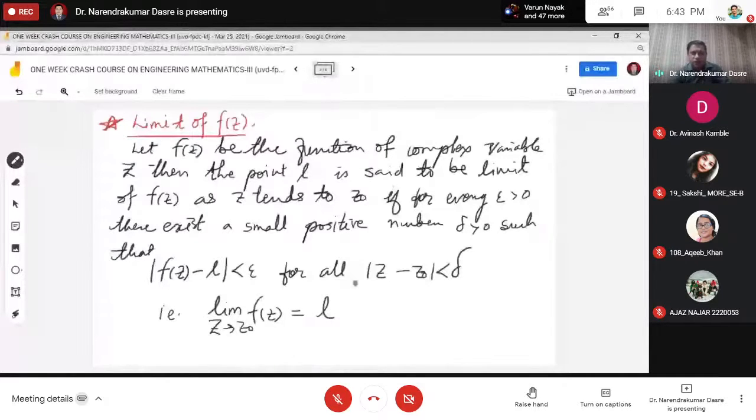Once we know the limit of f of z, then similarly we can define the continuity.